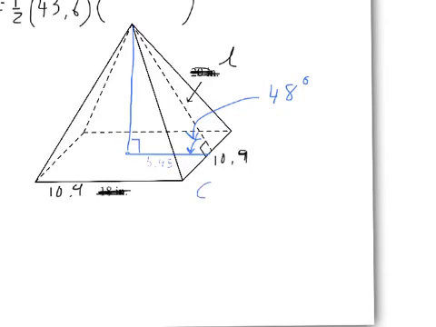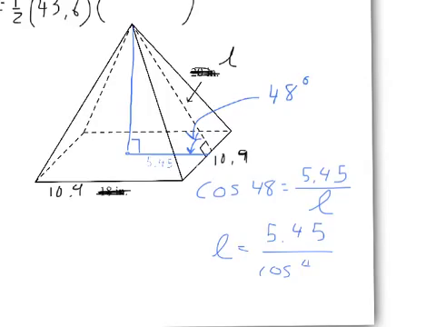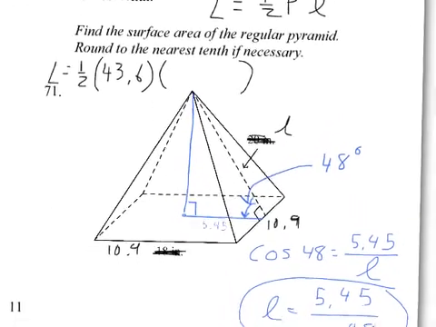So the cosine of 48 degrees equals the adjacent, 5.45, over the hypotenuse, which in this situation is the slant height, the number that I want. So let's just switch these two. That's something that we learned we could do, so we would just write L equals 5.45 over cosine 48. So there's my slant height. So I can plug that in up here.